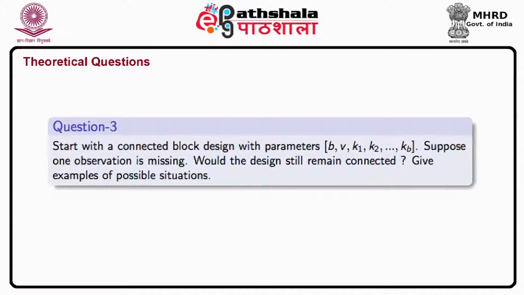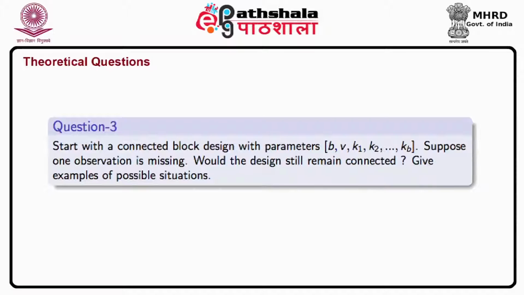Question number 3. Start with a connected block design with parameters B, V, K1, K2, up to KB. That is again very interesting. You know how many blocks there are, you know the block sizes, you know how many treatments you can accommodate to have a connected block design. And you already have a connected block design with you. Suppose one observation is missing from somewhere.